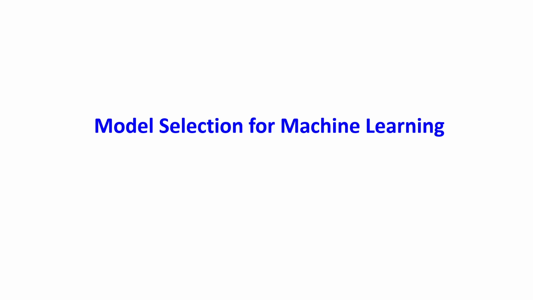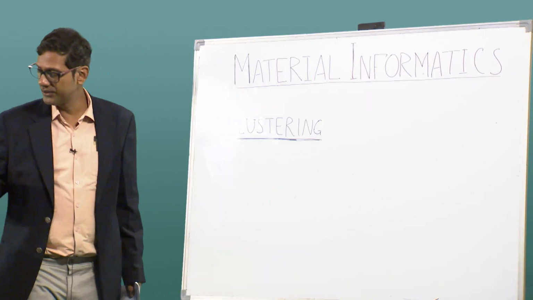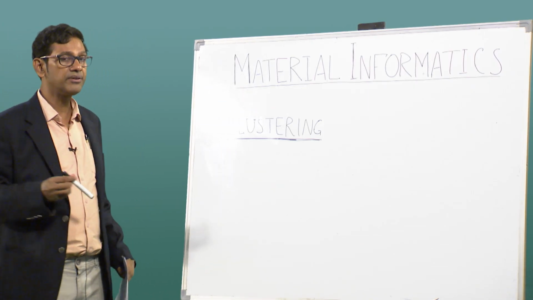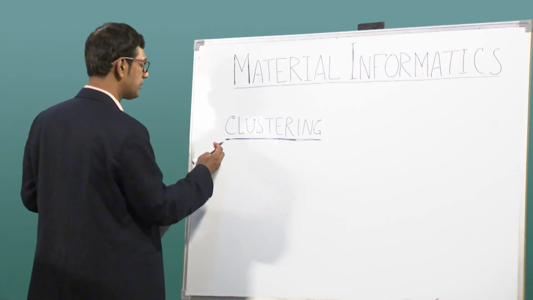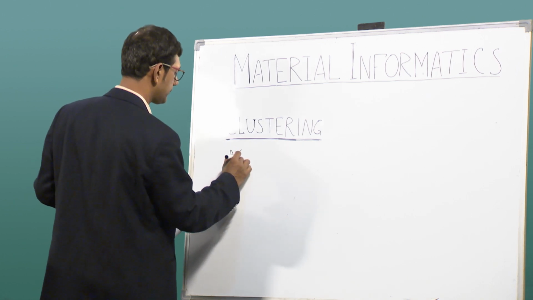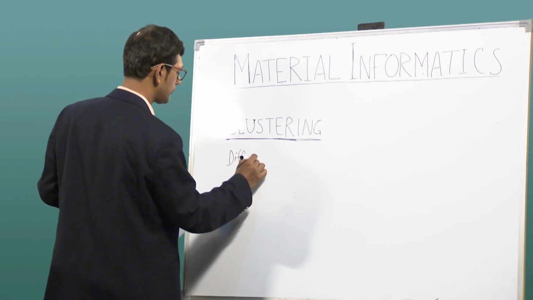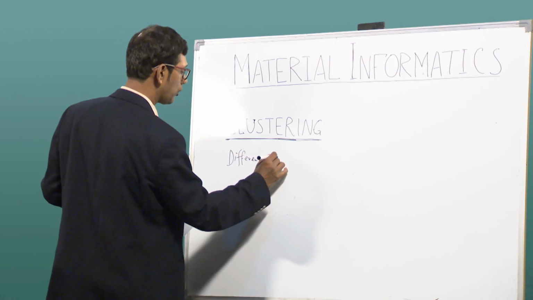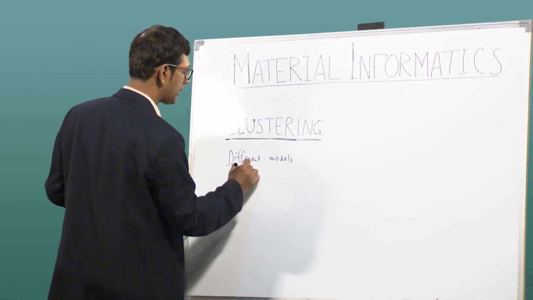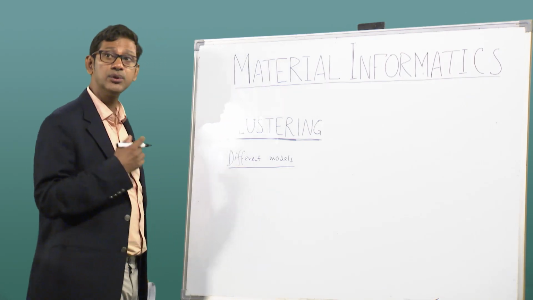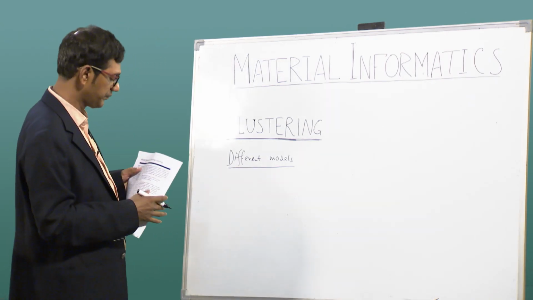If I have to go back to the board and discuss that: what is the first step? You do model selection. In model selection, the first step is to use different models blindly. You may not know the characteristics of your data, so in that case you use different models, whatever is taught to you.